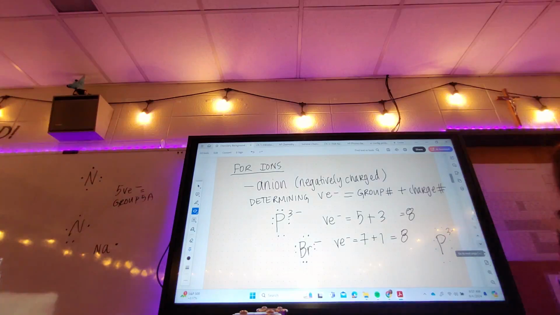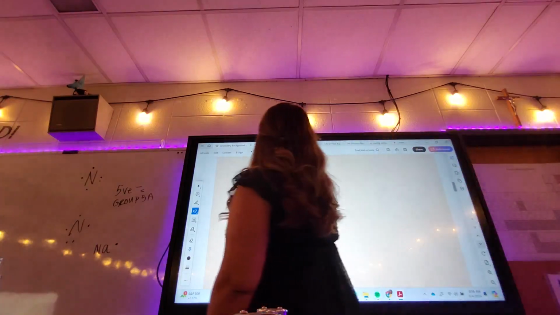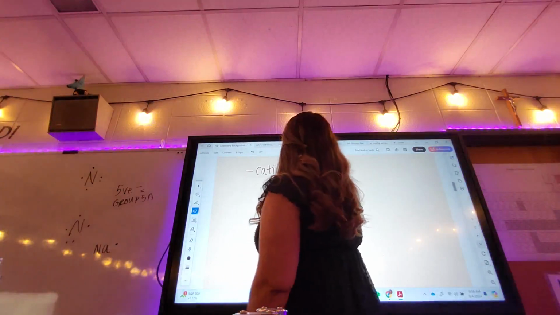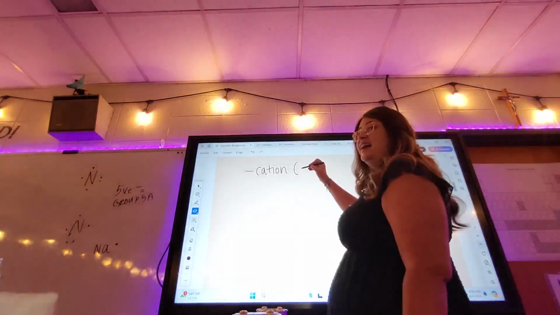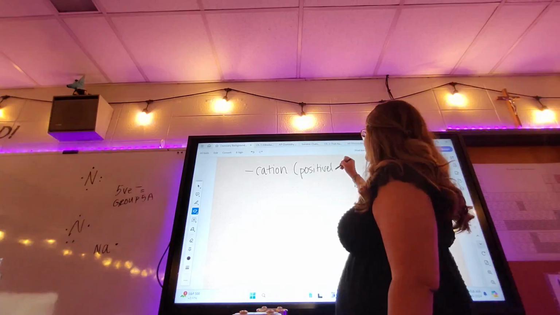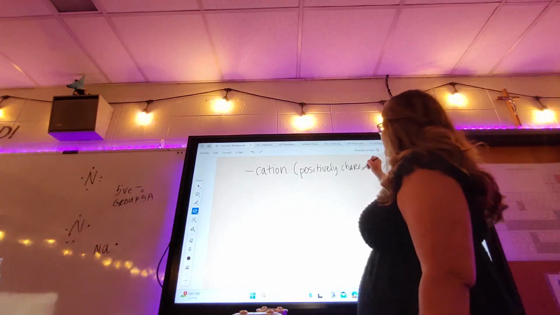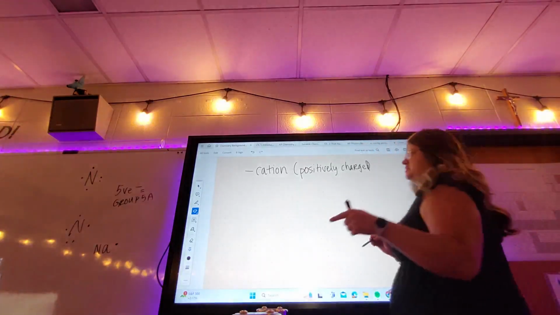All right, so if that's how it is for the negative ion, the positive ion is the same but in reverse. A cation is a positively charged ion. So you're going to do the exact opposite.